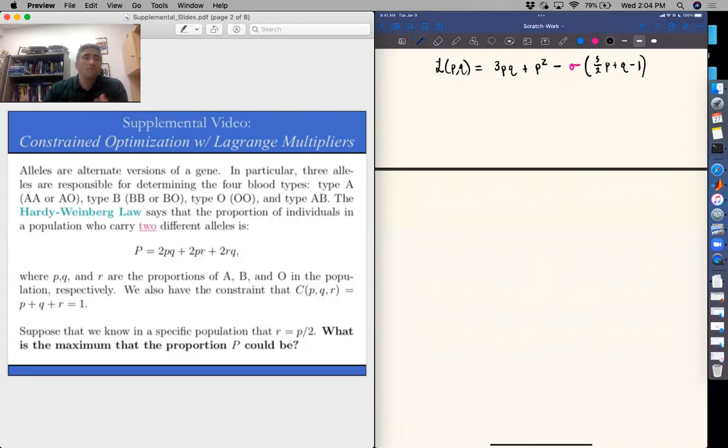And then from there, if we want to show it's a max or a min, we take the Hessian matrix. Because this is a constrained optimization with Lagrange multipliers, we have specific conditions on the determinant of that Hessian matrix that will tell us if it's indeed a max or a min. So the first thing we need to do is compute the gradient of L and set it equal to 0.